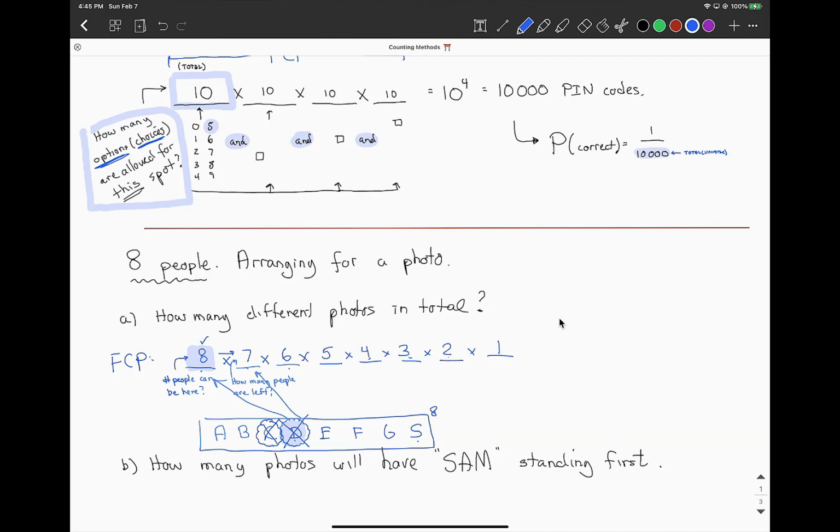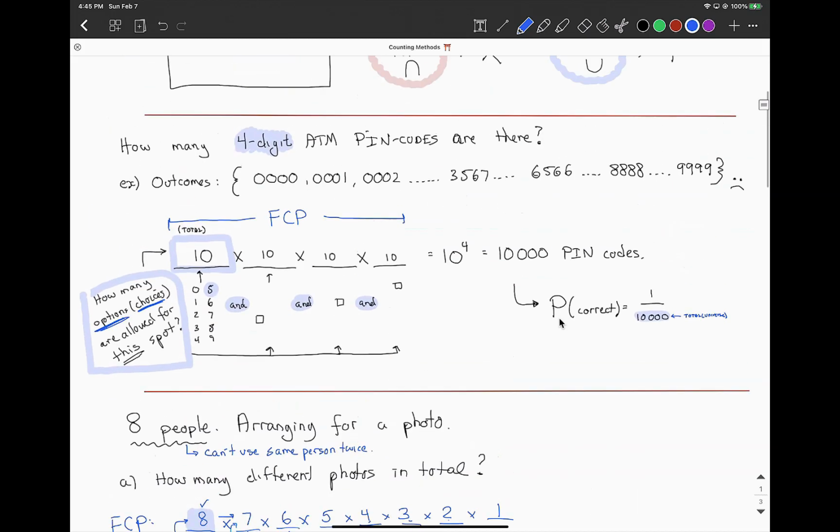And in very, very specific situations, like when you have people, you can't use the same person twice. That's just assumed. It doesn't have to say that anywhere because it's people. It's not like building a code out of digits on an ATM machine.